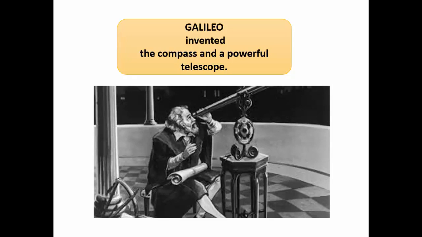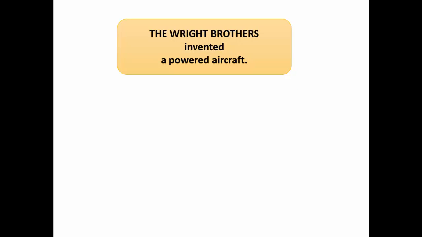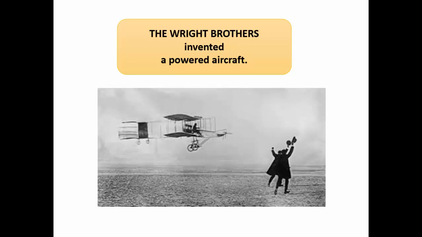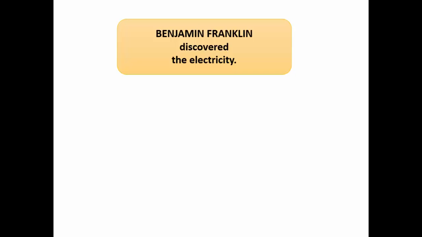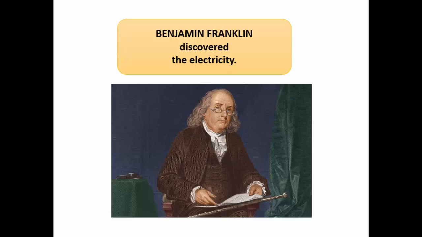Galileo invented the compass and the powerful telescope. The next one. The Wright brothers invented a powerful aircraft, as you can see in the picture. The next one. Benjamin Franklin discovered the electricity.